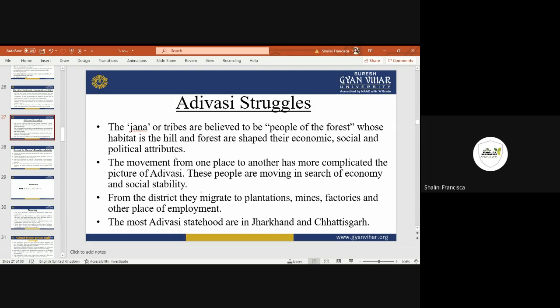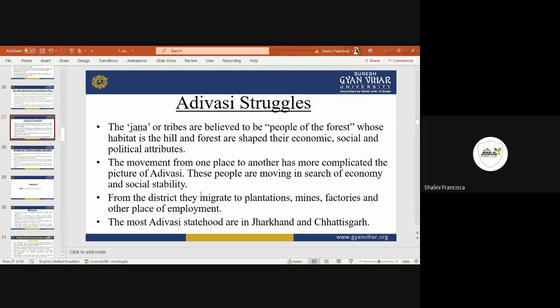But what is actually happening is people are not able to get a particular area where they can reside. So they have migrated from one place to another, mostly in search of social and economic stability.